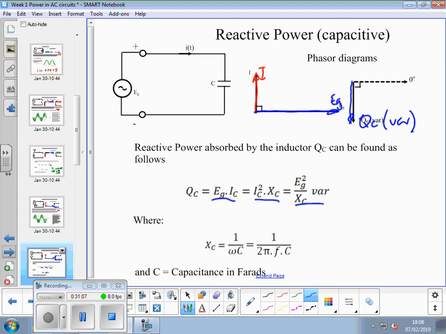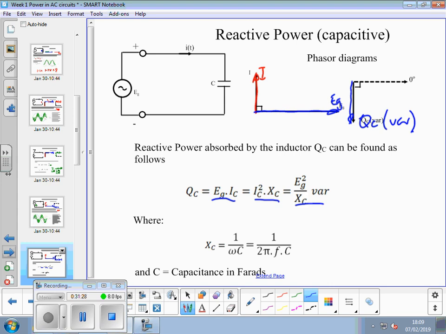So also, these two values, XL and XC, work opposite to each other. Because if you increase frequency, 2 pi FC is going to get bigger, so the overall reactance is going to get smaller.